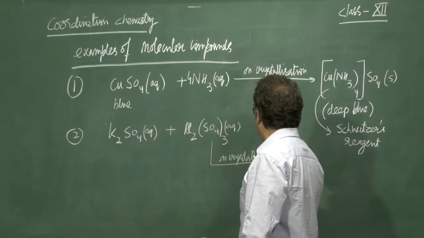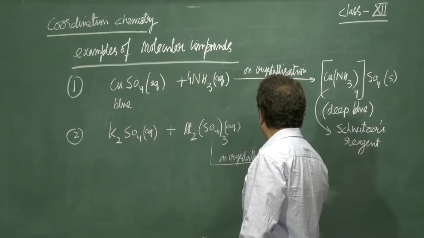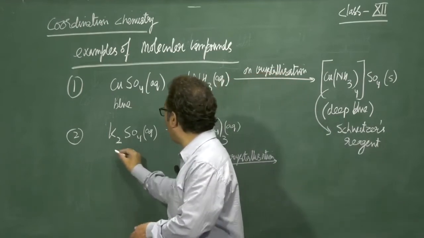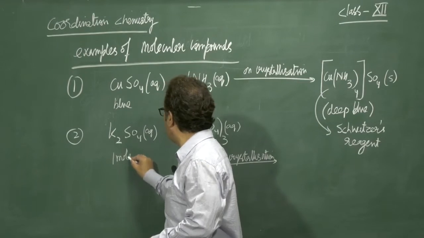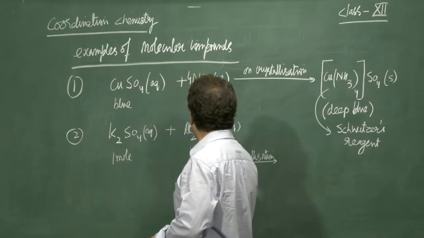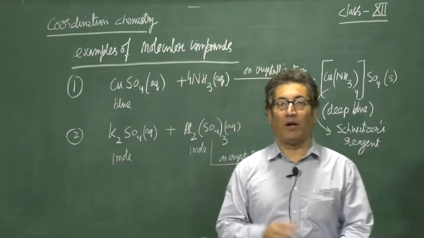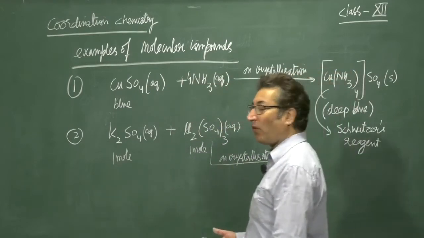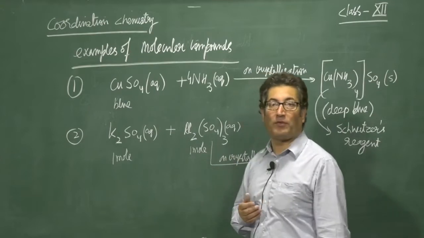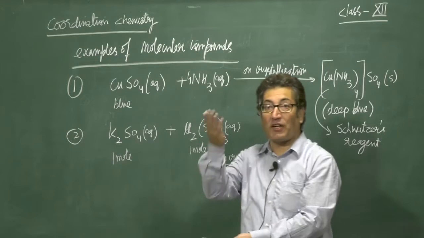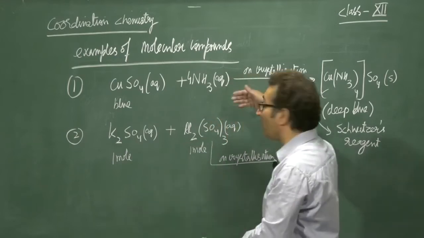They are mixed in the ratio of 1 mole of this and 1 mole of this. It's always in a definite ratio. You take 1 mole of potassium sulfate dissolved in water, 1 mole of aluminium sulfate dissolved in water, and then you mix them. That mixture is then crystallized, as in the previous case.